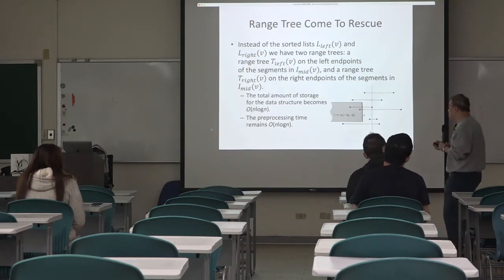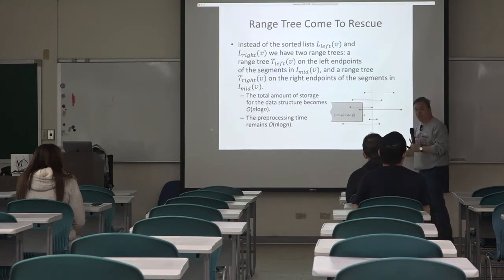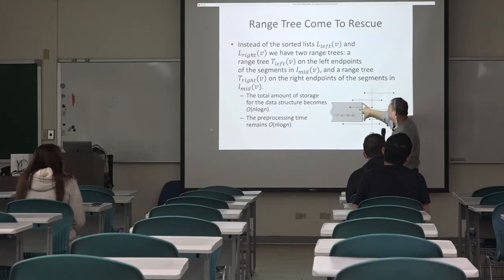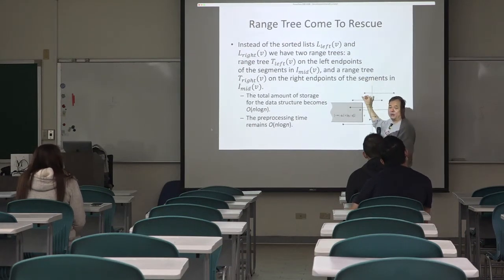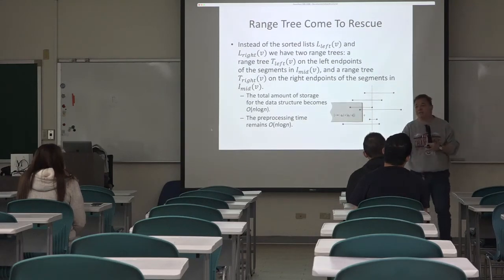For the vertical case, we need to create another interval tree, and then this window query becomes like the top one or bottom one, depending. You can just pick one of them.